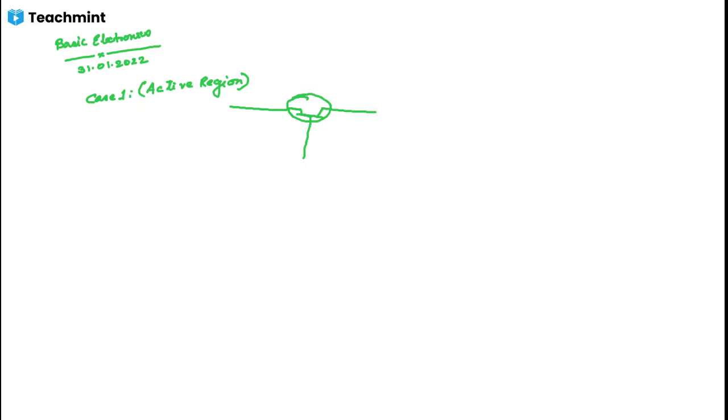So for the active region, the emitter base junction is in forward bias and the collector to base junction is in reverse bias. So I am connecting the DC supply in forward bias, and I am connecting the base and collector junction in reverse bias.